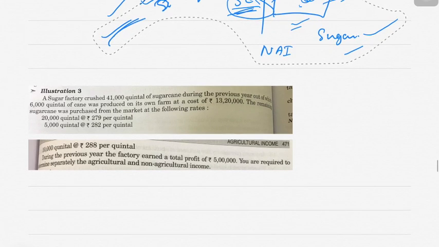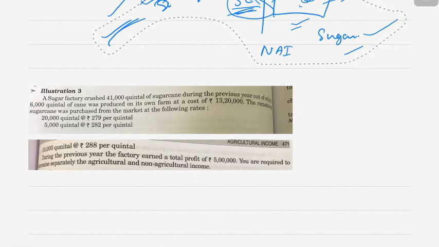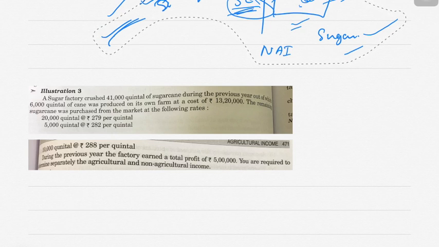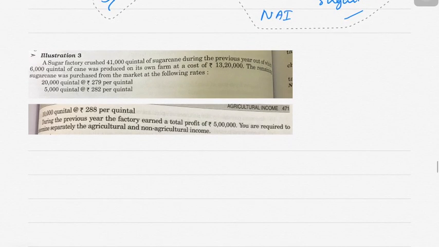Some sugarcane was purchased and some was produced. During the previous year the factory earned a total profit of rupees 5 lakh.